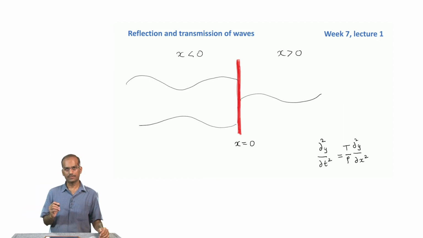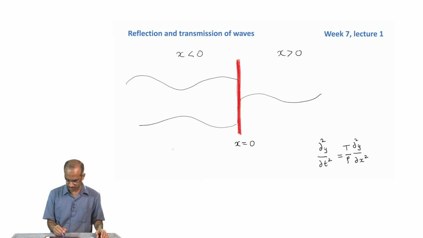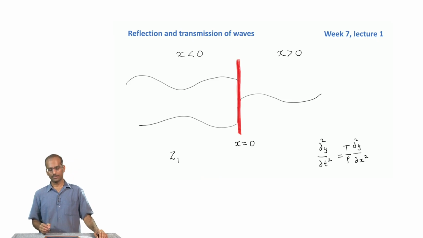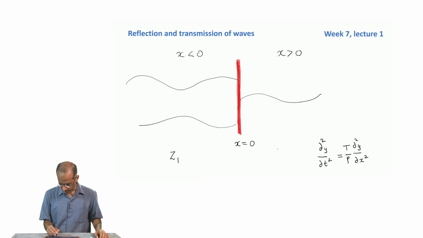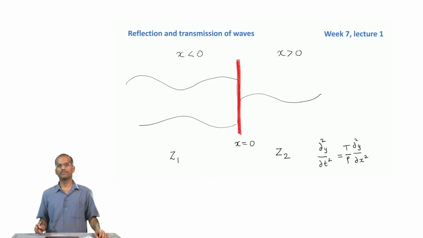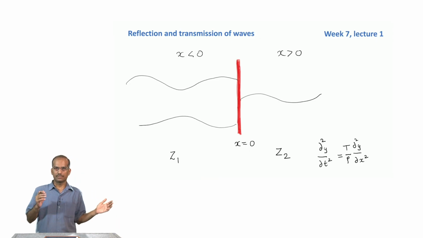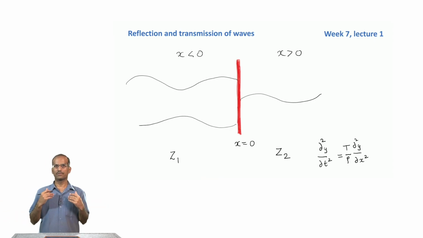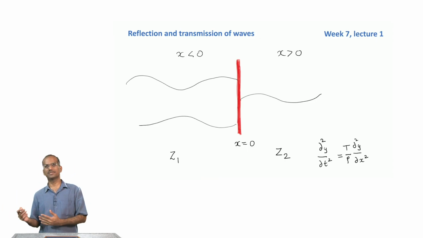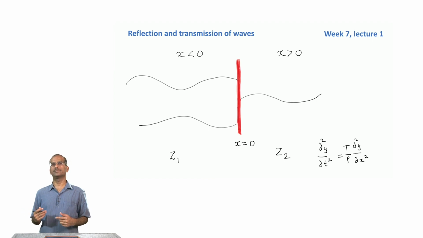So, I could say that in medium 1 corresponding to x less than 0, the impedance of the string is Z1, and in medium 2 corresponding to x greater than 0, impedance is Z2. So, when I say wave is going from medium 1 to medium 2, it is actually going from a string which is characterized by impedance Z1 to another string which is characterized by impedance Z2.